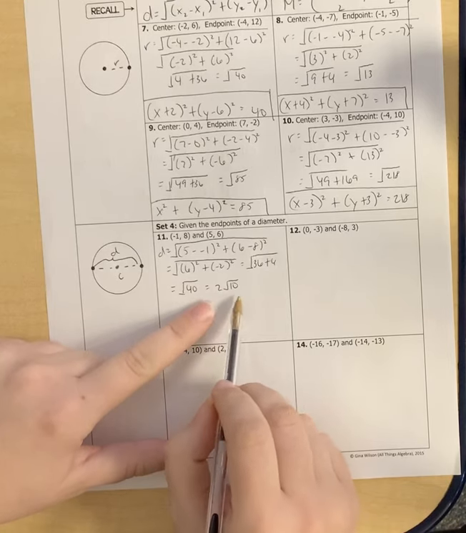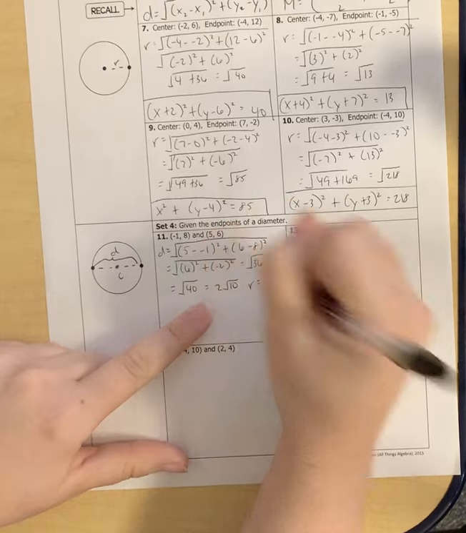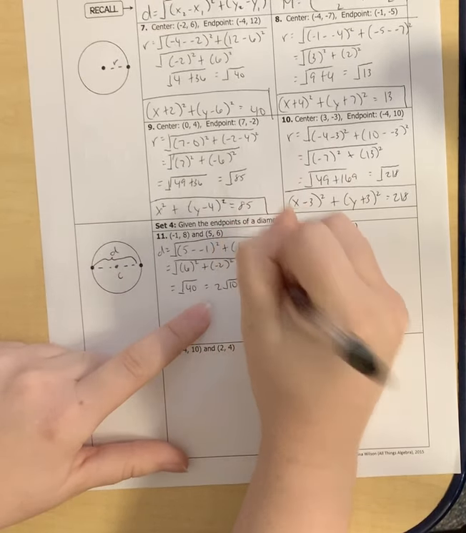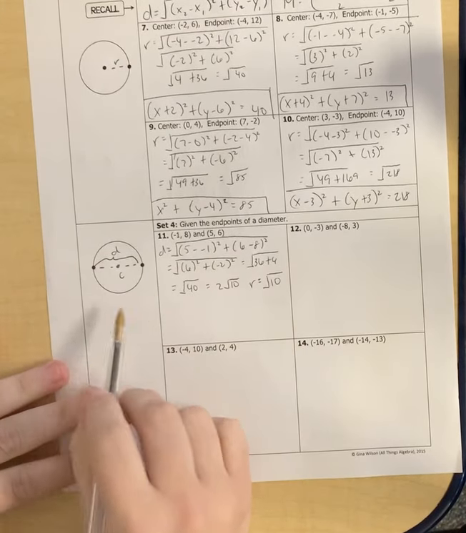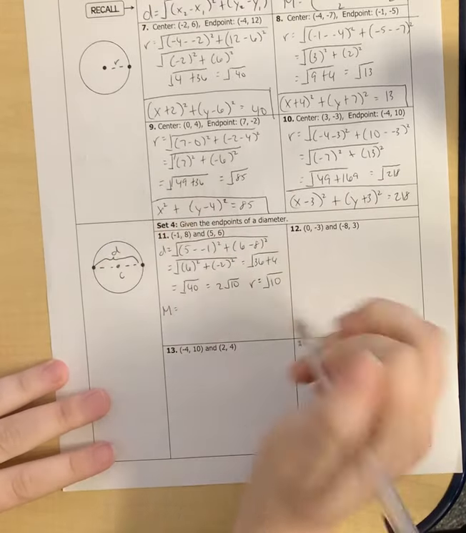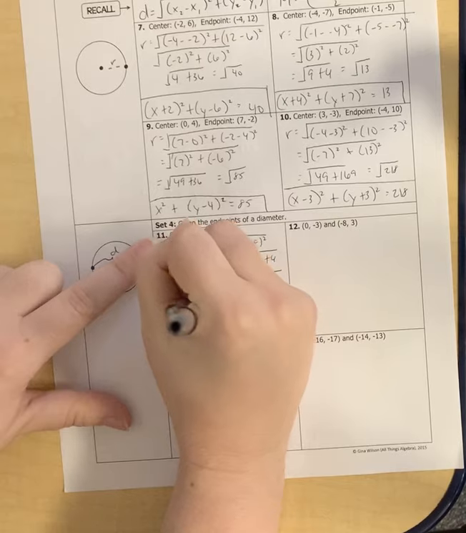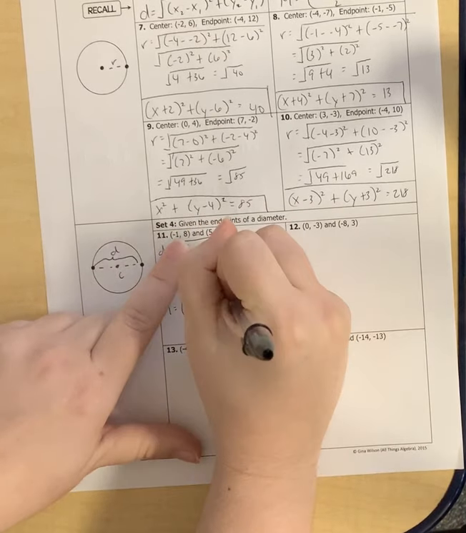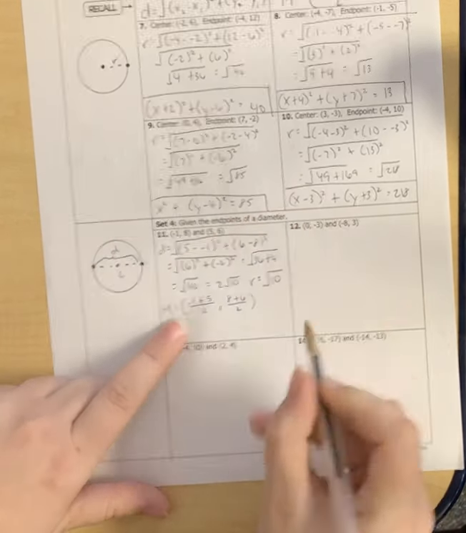To find the radius, you want to divide this by 2. So that means our radius, if you divide this whole thing by 2, the 2's cancel, our radius is just going to be the square root of 10, okay? So then to find our center, we need to do the midpoint between those. So you say midpoint equals, that's x1 which is -1, plus x2, which is 5, divided by 2. And then y1, which is 8, plus y2, which is 6, divided by 2.